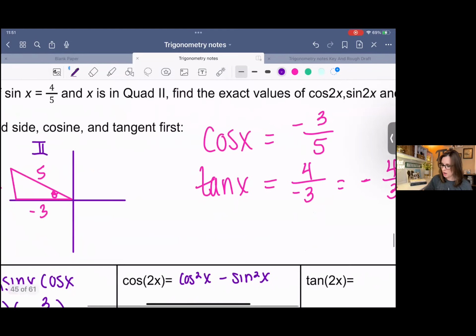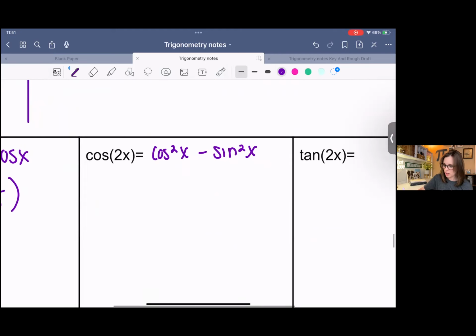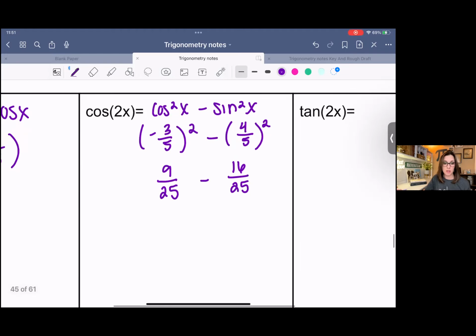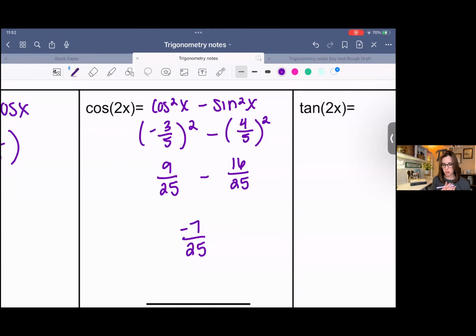Yes, I did. And now with substitution, for cosine, I have -3/5. For sine, I have 4/5. Square both of those. You're going to square the numerators and the denominators. And then subtract. I have a common denominator. So if I subtract that, I'm going to get -7/25. And that's it.